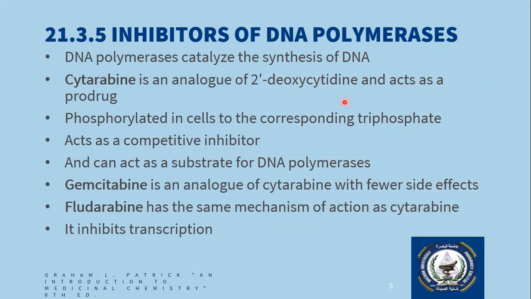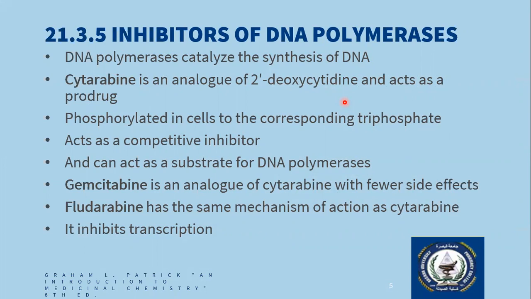Another enzyme is the DNA polymerase, and the inhibitors of DNA polymerases have been used as anti-cancer medication. DNA polymerases, as the name implies, catalyze the synthesis of DNA. An example of an inhibitor is cytarabine, which is an analog of 2'-deoxycytidine.